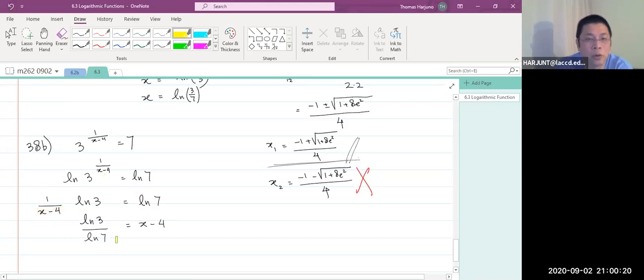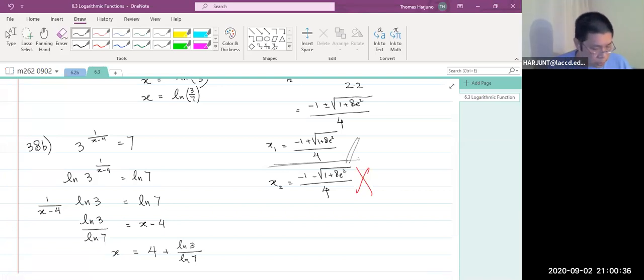So x is now equal to 4 plus natural log of 3 over natural log of 7. Then you use your calculator. I hope you know how to use your calculator. Natural log of 3, close parenthesis, divided by natural log of 7, plus 4.